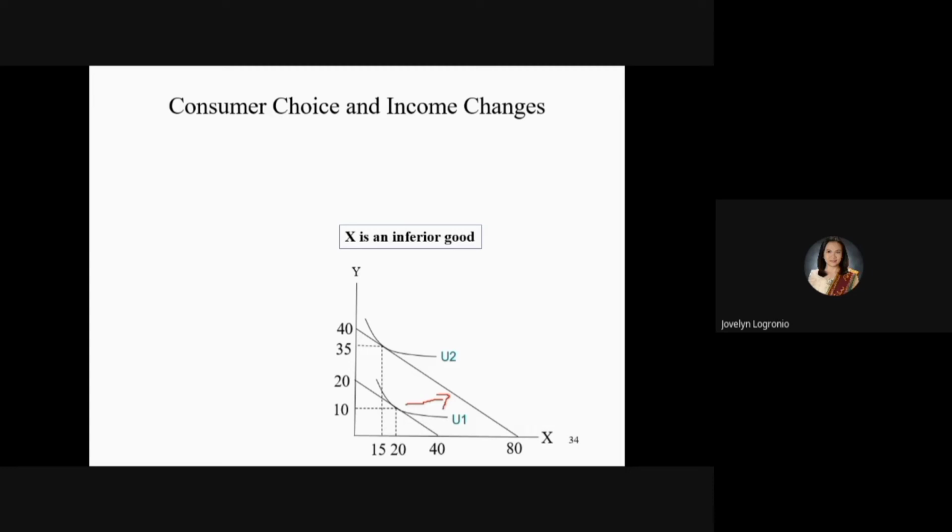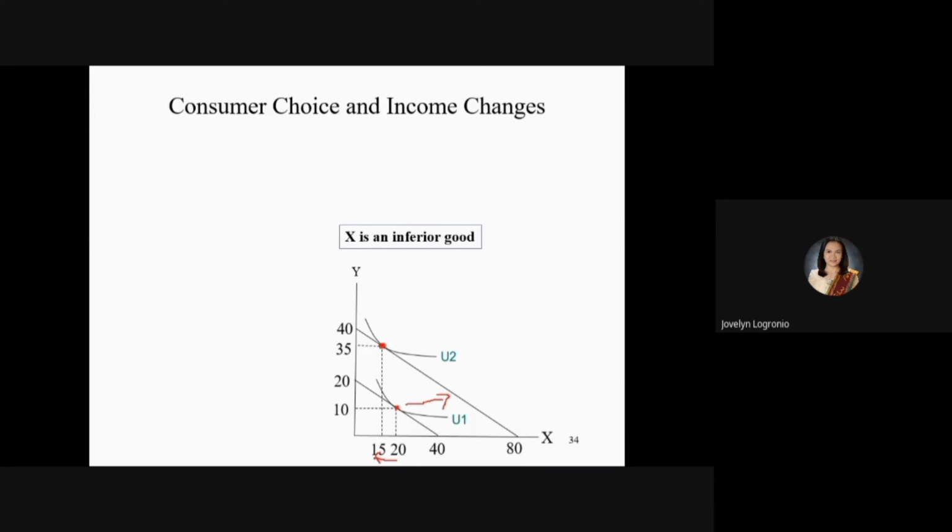As the budget of the consumer increases, the new optimal bundle is now at this point. At this point, the quantity of good X decreases from 20 to 15.